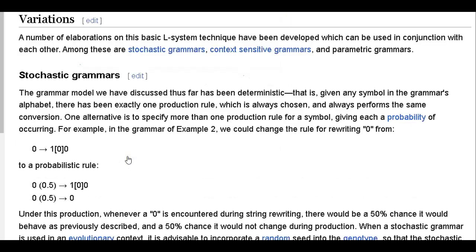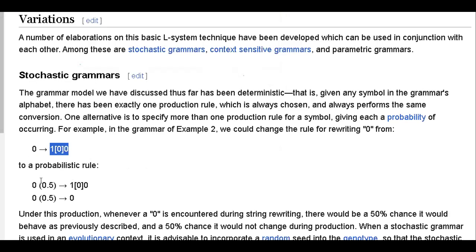There are other L-systems which are called stochastic. When you define rules, if you encounter zero when you read a word, you have to convert zero into this word definitely.